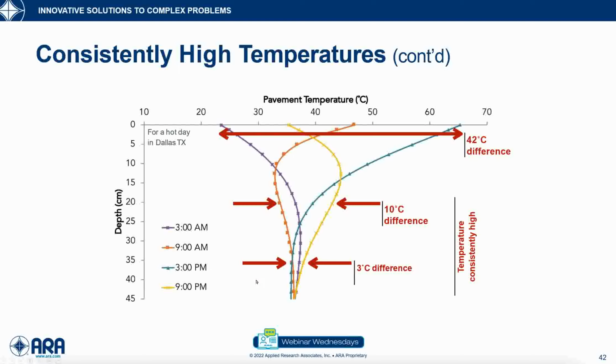And the temperature is not very low. It's just less than 40 degrees C. That is enough to cause rutting. So I have a temperature that is lasting all 24 hours. That temperature is high enough to cause rutting in the base layer. So I have about 40 degrees C, a consistently high temperature, as I go to the base layer.